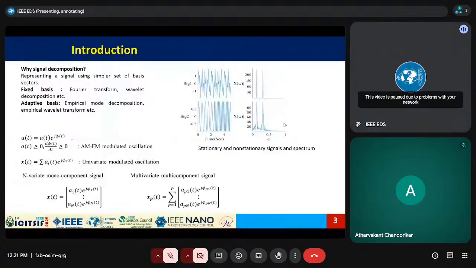In both directions, we want basis functions which can give a unique spectrum representation for stationary and non-stationary signals. Whatever representation we are using should be unique. Based on that motivation, such signals have been proposed in the literature, like time varying amplitude and time varying frequency.